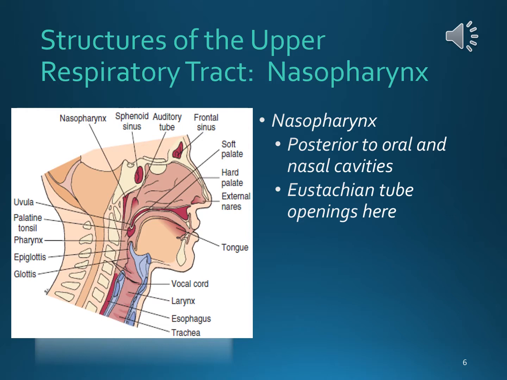So if you have an upper respiratory infection, a cold, something like that, your mucous membranes are swollen, it blocks off the opening to those eustachian tubes, and that's where you get pressure in your middle ear, and you'll often get otitis media.